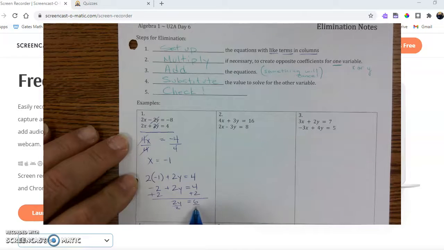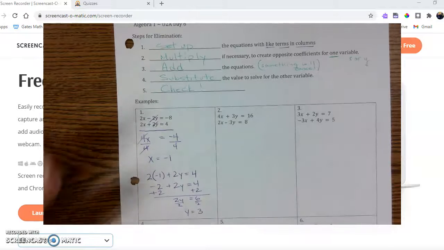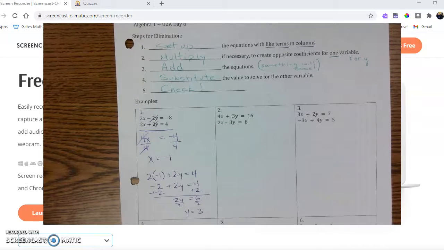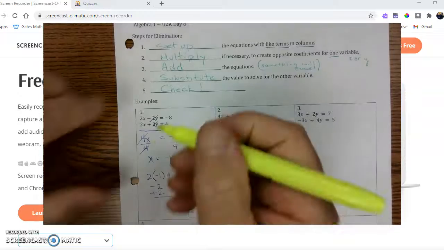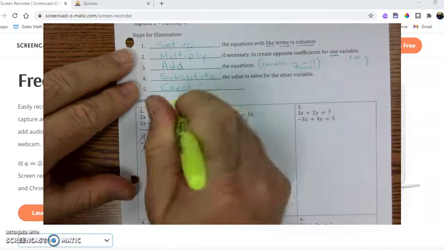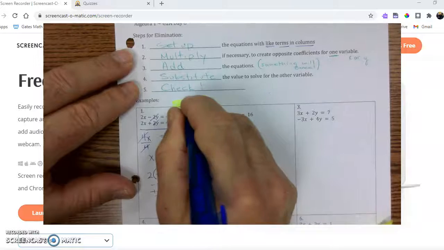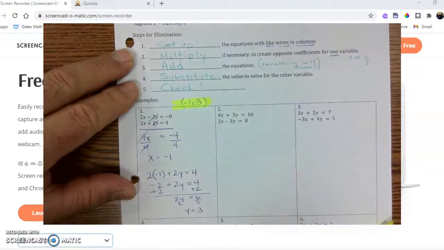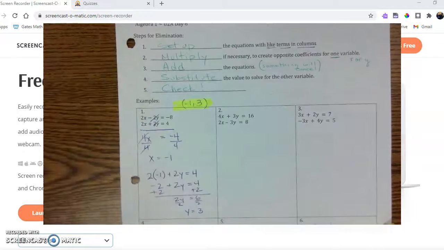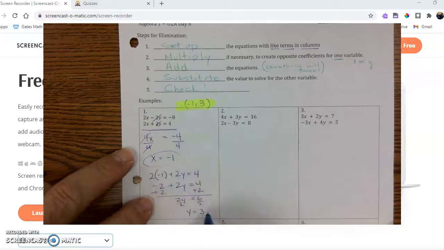Divide by 2. Y equals 3. And then I need to put my answer somewhere, so I think I'm going to put it up here again, like we did the other day: -1, 3.